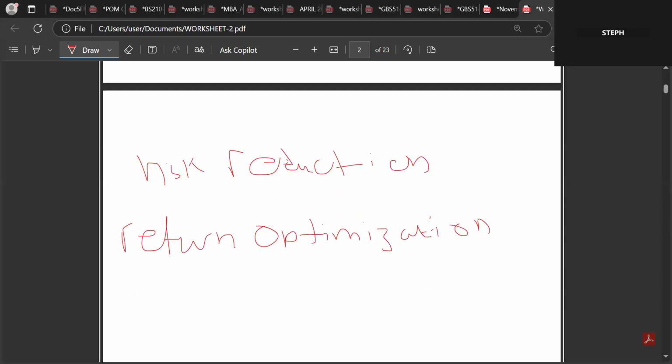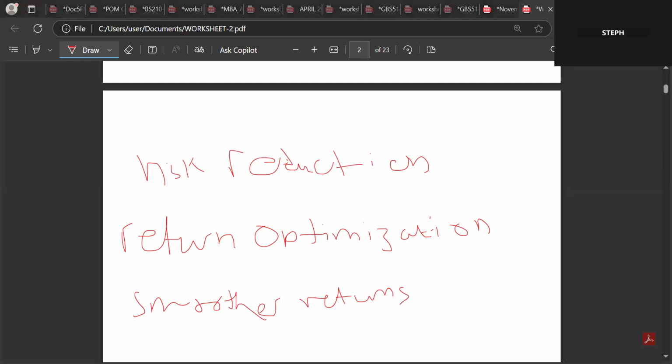Thirdly, we do so because we're trying to gain smoother returns. Then number four is exposure to growth opportunities.